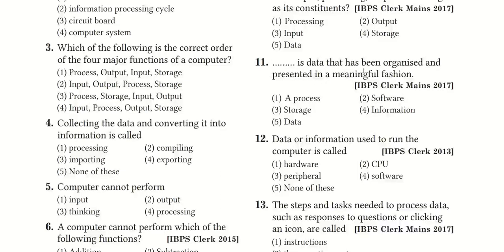Information is data that has been organized and presented in a meaningful fashion. Data or information used to run the computer is called... information, which is not given in the options. So the correct option is none of these.